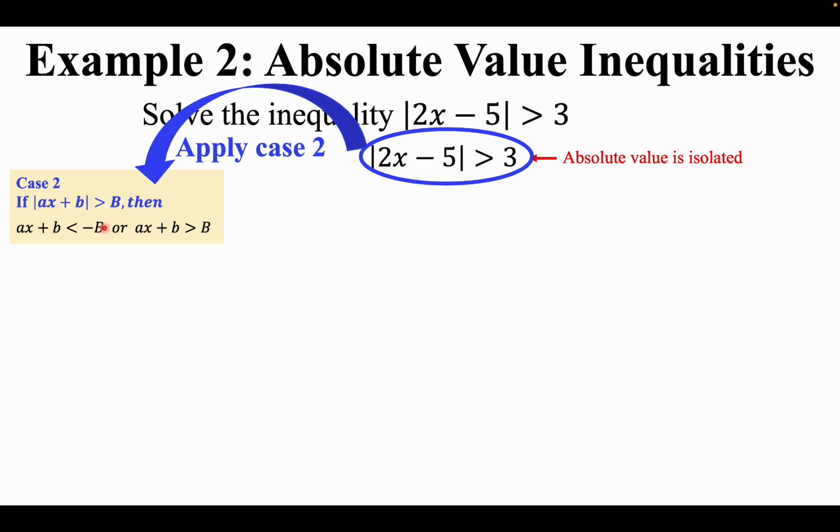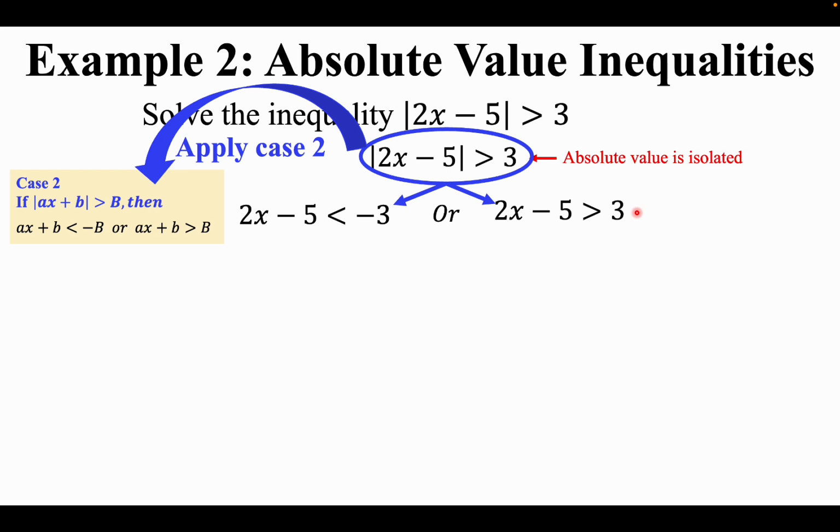You take what's inside the expression and you make it less than the negative of that number, or you take what's inside the absolute value, make it bigger, and use the same number, 3. So in this case, it would be 2x minus 5 is less than negative 3, or 2x minus 5 is bigger than 3.